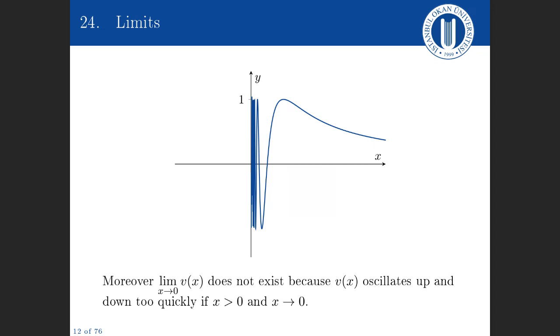Why? Because this function oscillates up and down, up and down, up and down too quickly if x is positive and x tends to 0. There does not exist one number that the function is always close to.